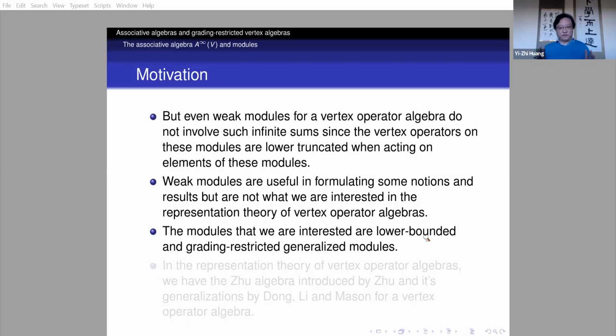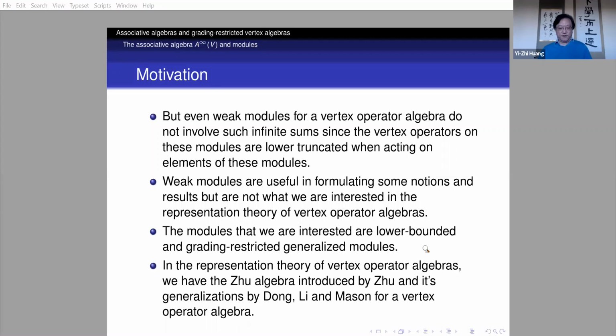Then you have to spend a lot of effort to prove that these lower bounded ones are grading restricted. Usually it's not a weak module. Certainly you can also get some weak module, but we can always prove that there is some kind of lower bound. So lower bounded generalized modules are really important, and therefore the correct category to work with is the category of lower bounded generalized modules.